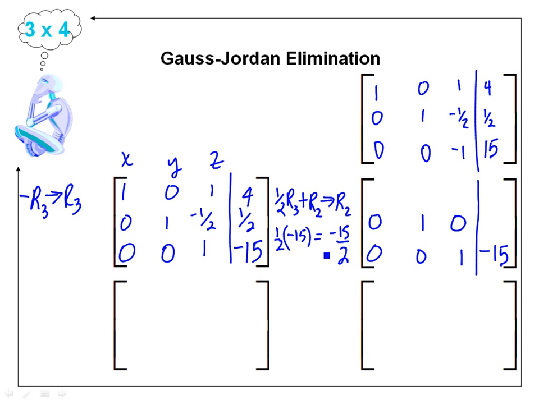But what are you supposed to do with that? Let's add it to row 2. What is negative 15 over 2? Add it to 1/2 because that's what's in row 2. We get negative 14 over 2, which is negative 7.